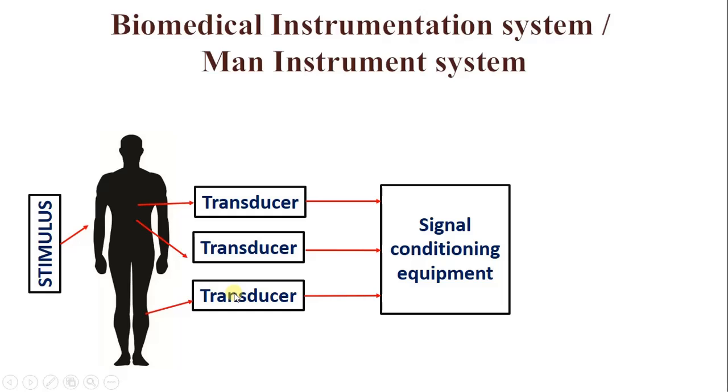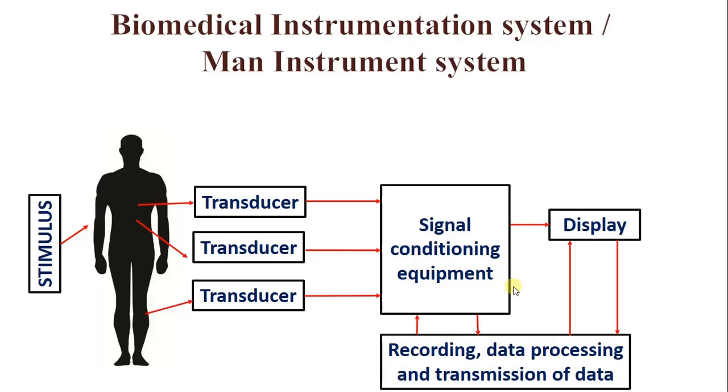The input and output of the signal conditioning equipment are electrical signals, although greatly modified with respect to input. The main purpose of signal conditioning equipment is to process the signal from the transducer in order to satisfy the function of the system and to prepare signals suitable for operating the different displays or the recording equipment that follows.